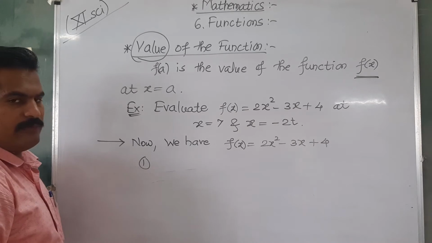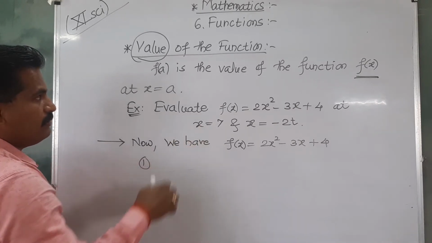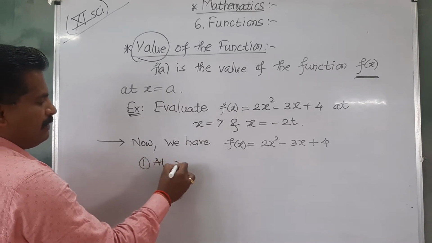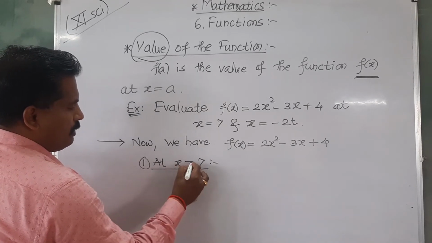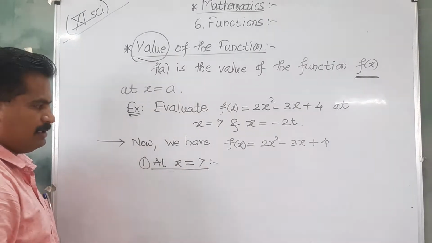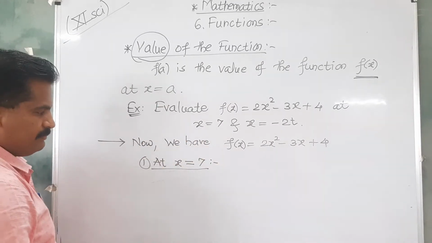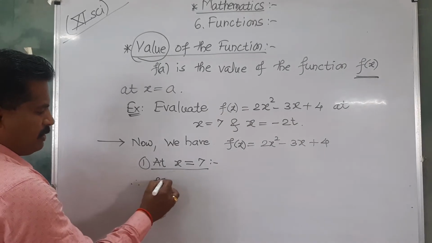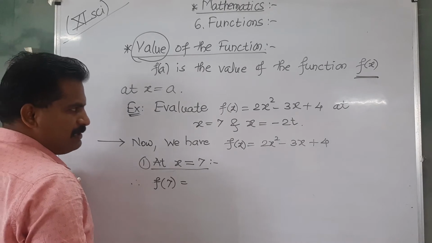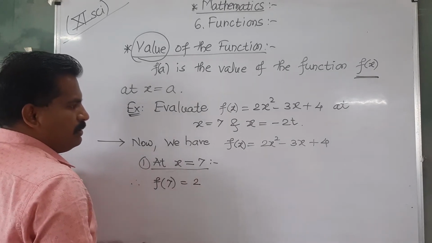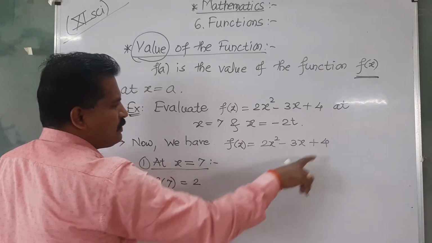First, we can find the value of the function at x is equal to 7. Therefore, a is equal to 7. Therefore, f of 7 is equal to 2x square minus 3x plus 4.